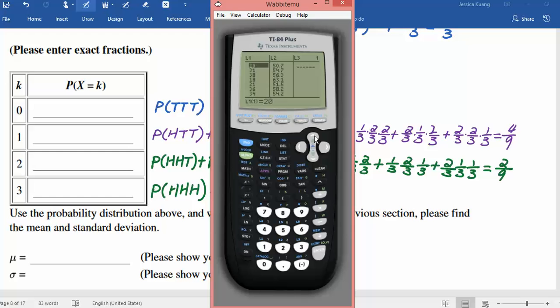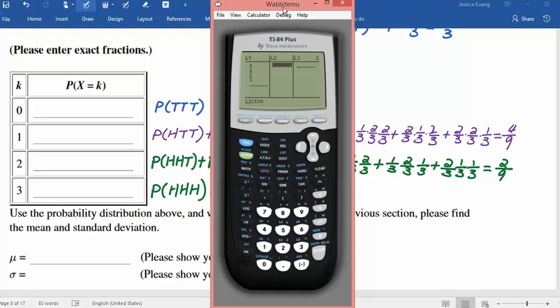So the first thing I'm going to do is scroll to the top and clear everything. And I will do the same thing for L2. Clear everything. Okay, now I'm going to enter 0, 1, 2, and 3.